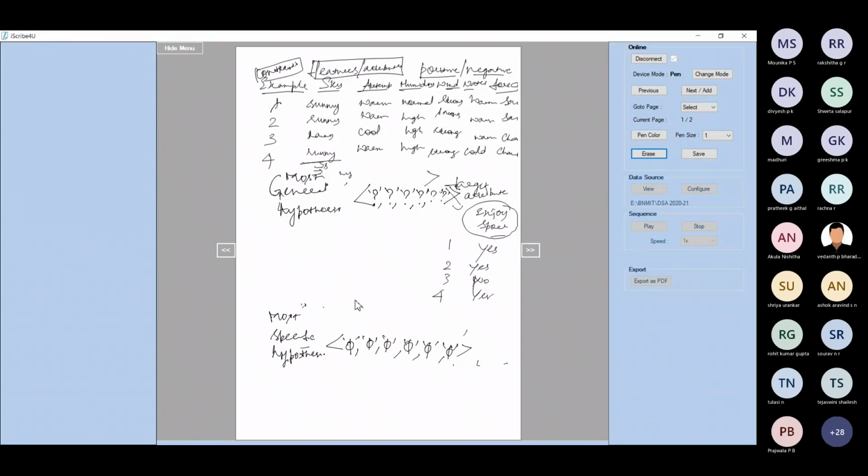This is the most general hypothesis and this is the most specific hypothesis. But our actual hypothesis, which fits these training examples, lies somewhere in between the most general and most specific. It's not going to be most general, it's not going to be most specific, but it's going to lie somewhere in between.